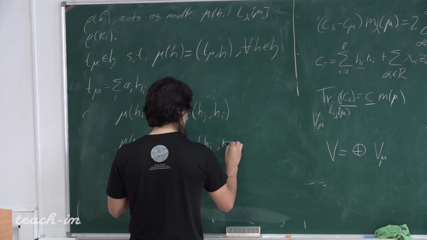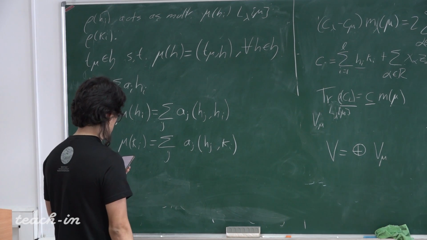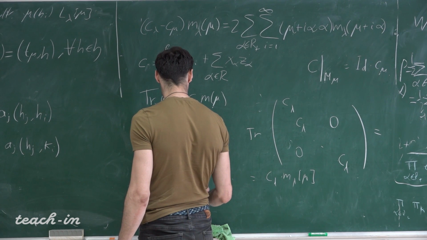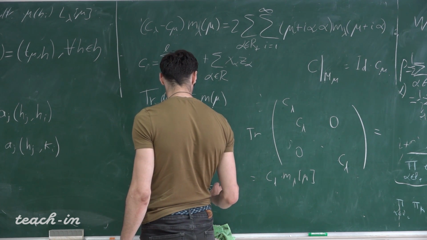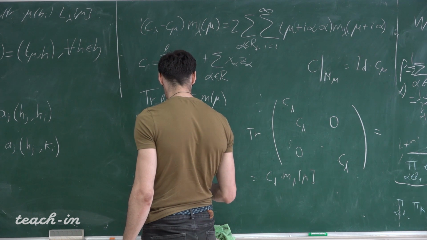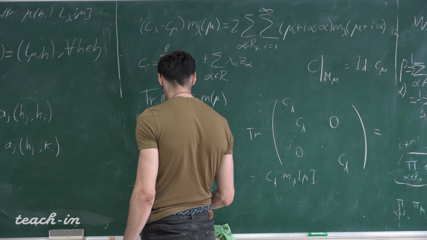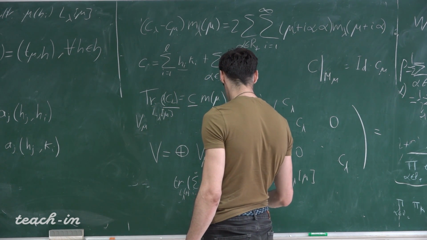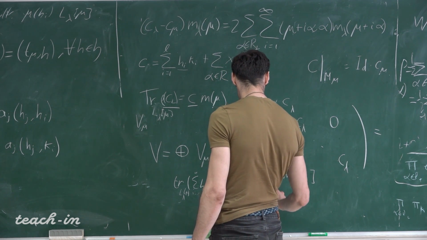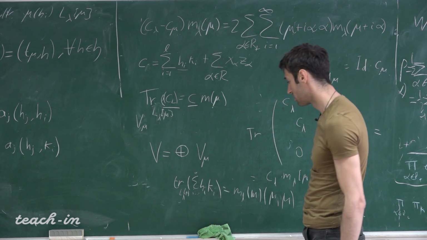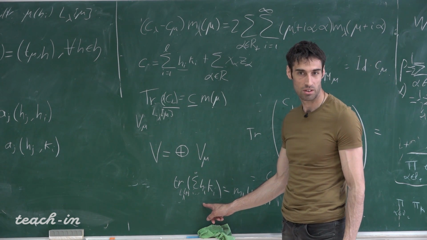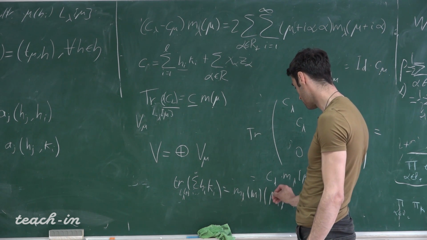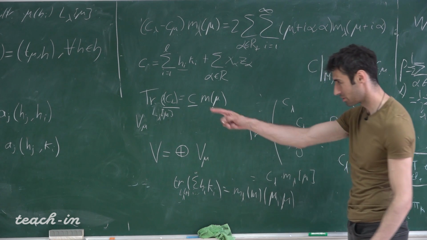So what I guess we're trying to do now is to compute the trace of the sum of Hi Ki over V lambda mu, which is M lambda mu times the norm of mu squared. So if you take this element and act on any vector in V lambda mu, you will get just the square of mu. That's what we are doing, right?